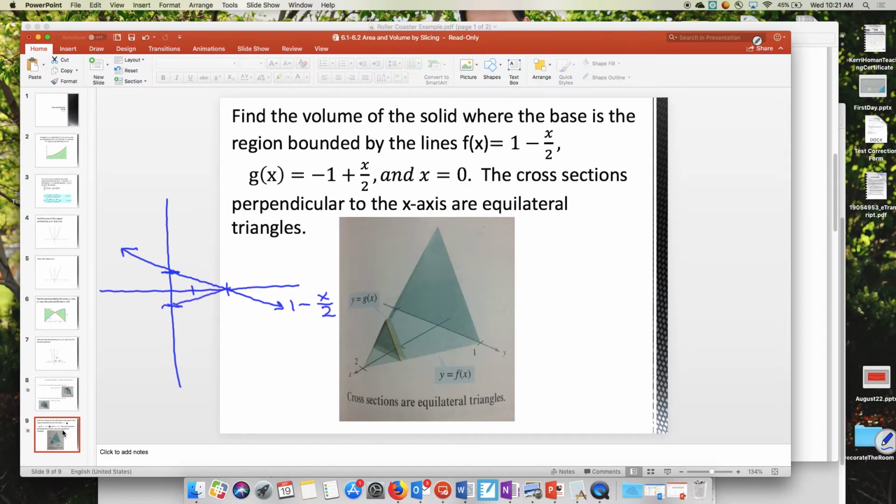So that is this line right here. Okay, so here's our region. I'm going to color it red. That's the region that the base of whatever object we have is sitting on. Okay, and if we are perpendicular to the x-axis, then we have these little rectangles right here. That's our base. And protruding up from that base, it says our equilateral triangles.